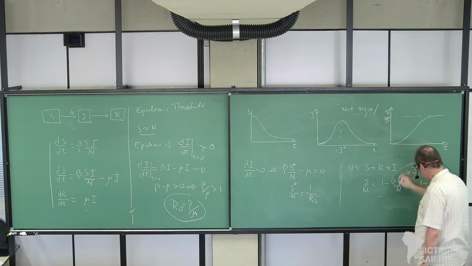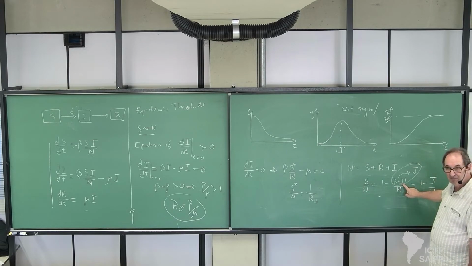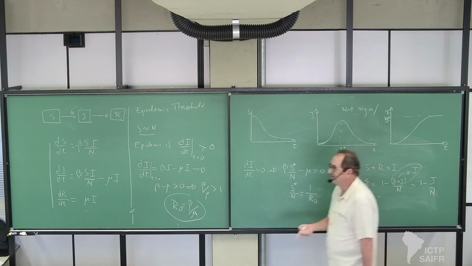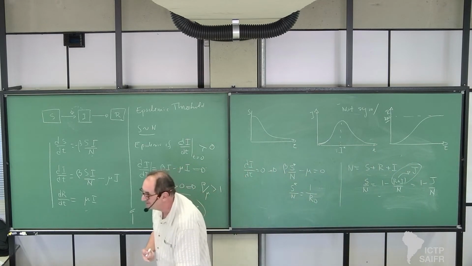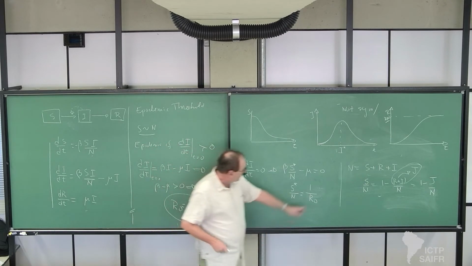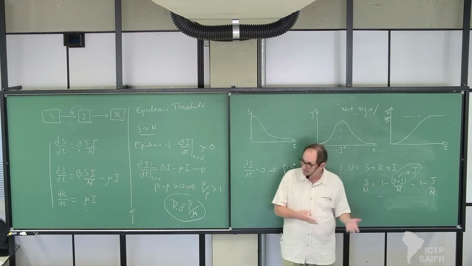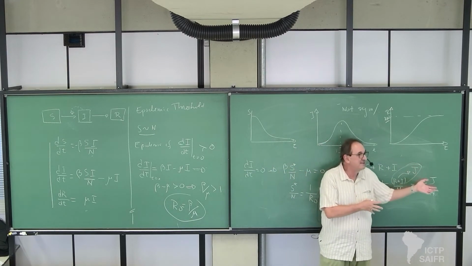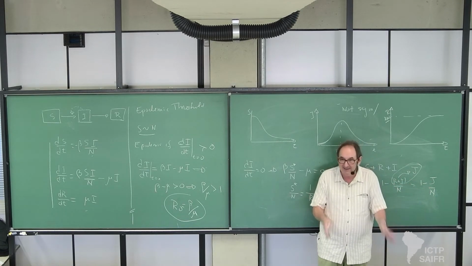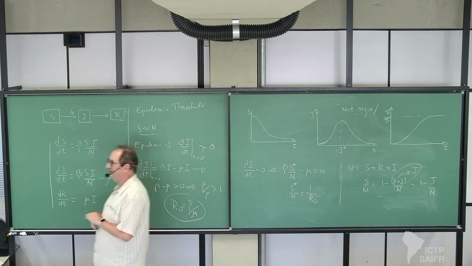It's the number of people recovered plus the number of people infectious at that moment. That's the total number of infections that have already happened in the population. You agree? R plus I is the people that are infected now, plus the people that have recovered. If they have recovered, they have been infectious at a certain point. So this is the total number of infections that has happened at that point. So this is a little bit better to estimate than S.